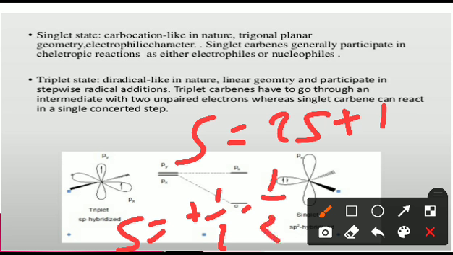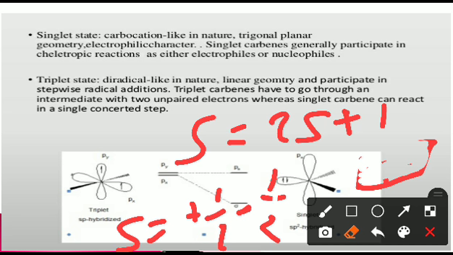Why? Because these two electrons present in the orbital have opposite spin, one spin having a plus half value, another spin having a minus half value. That's why S is equal to 0.